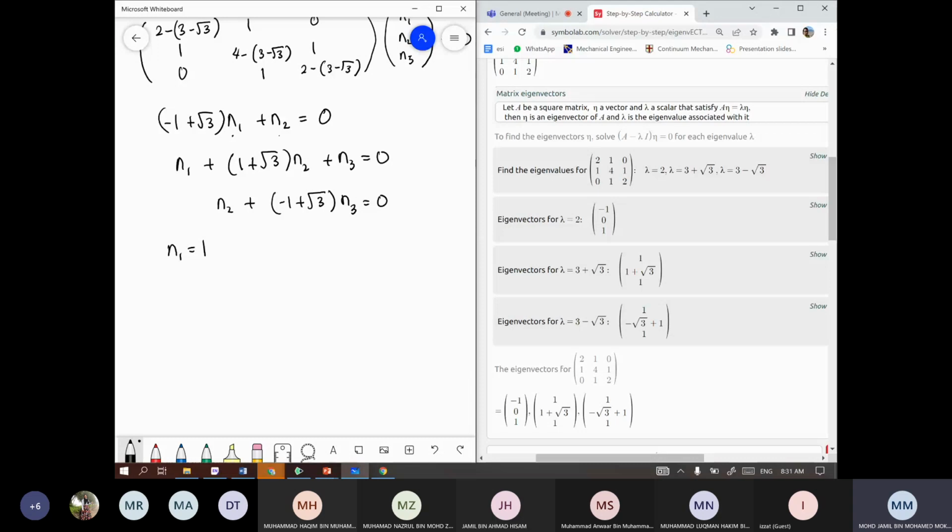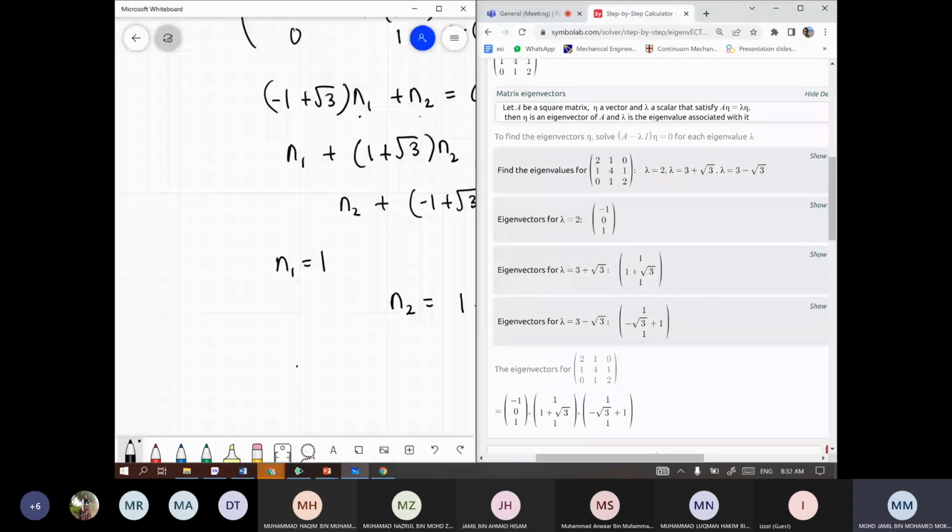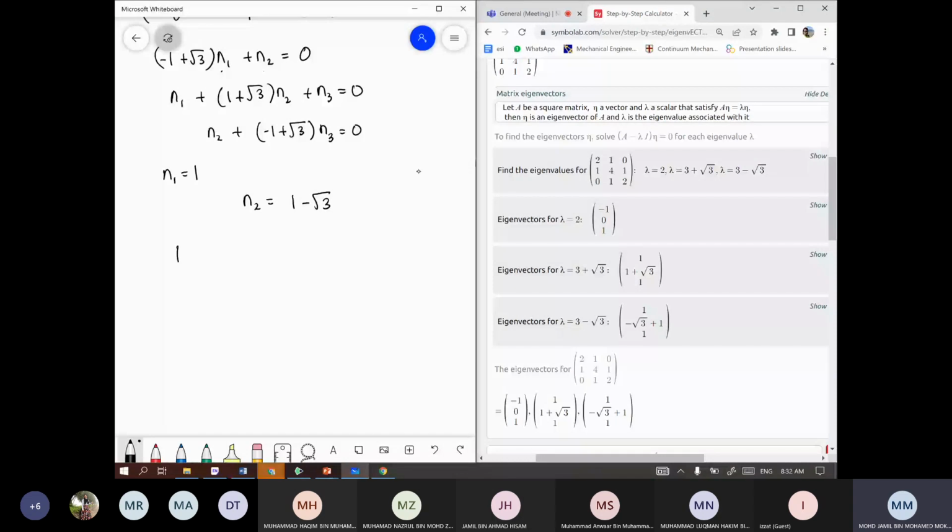So when we choose n1 equals 1, then n2 equals. So the third eigenvector.